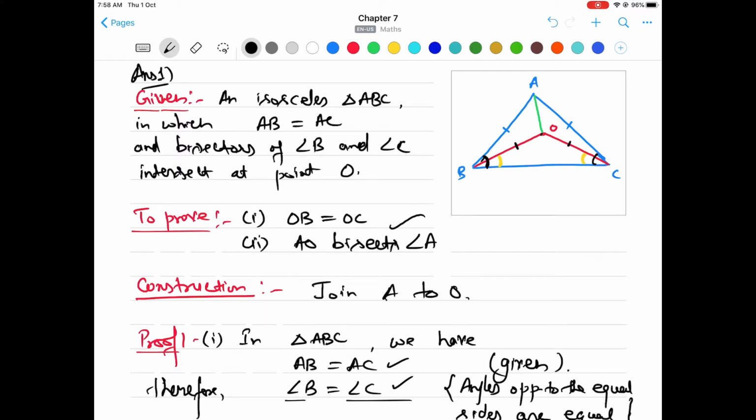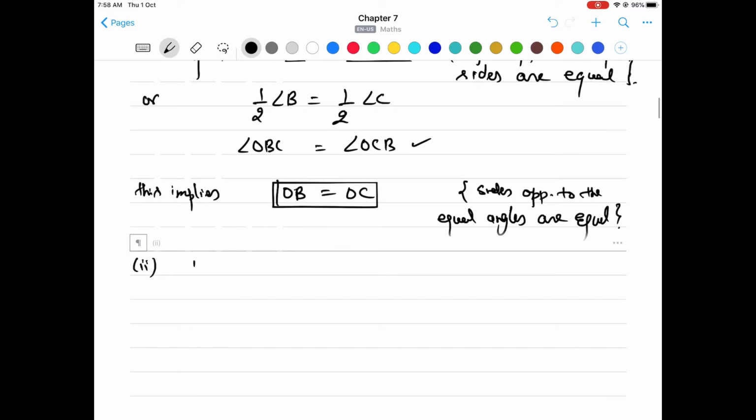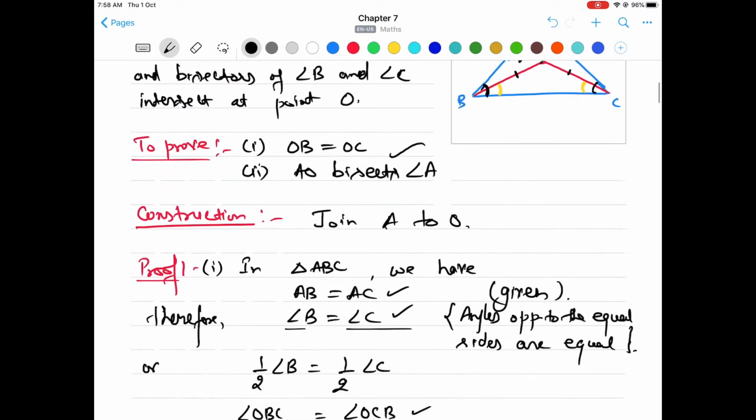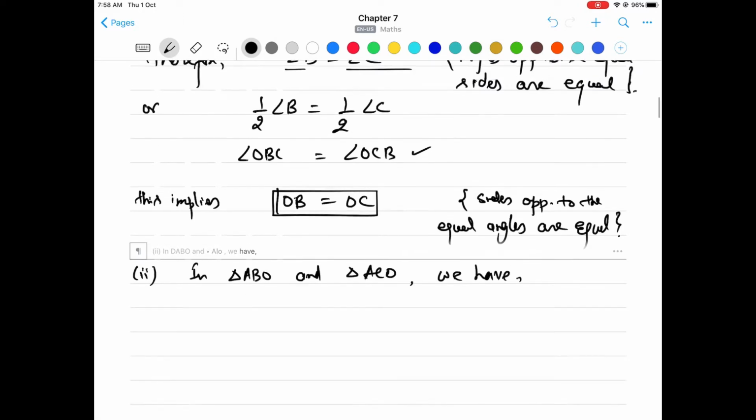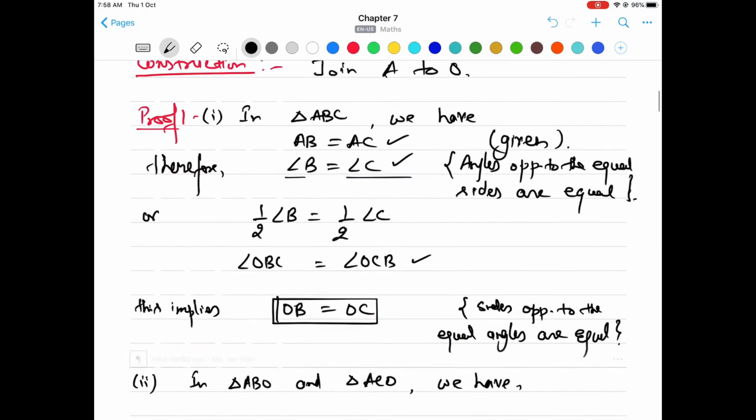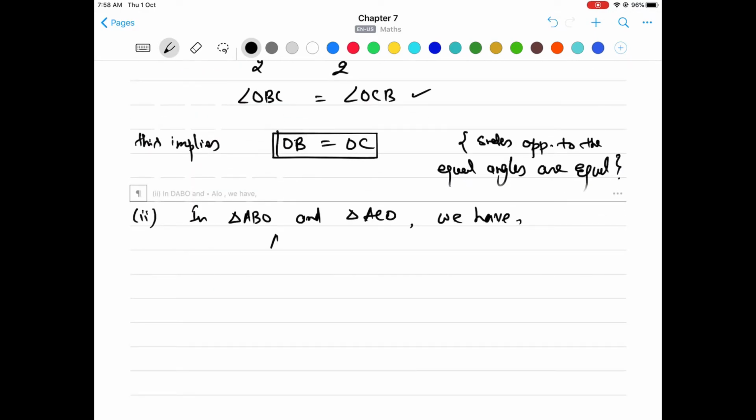For that, we're going to prove that these two triangles are congruent, then by CPCT these two parts will be equal. Okay, so now we'll write, in triangle ABO and triangle ACO, we have, first we are given that sides AB and AC are equal, so we got one equal side, AB equals AC.